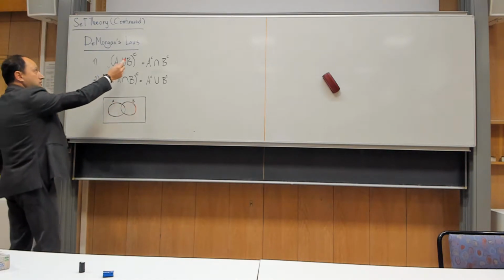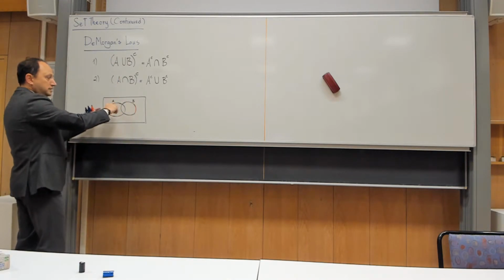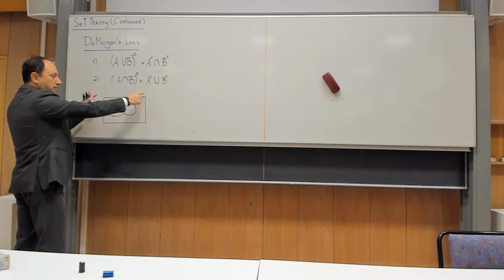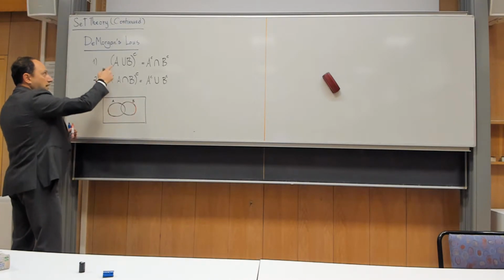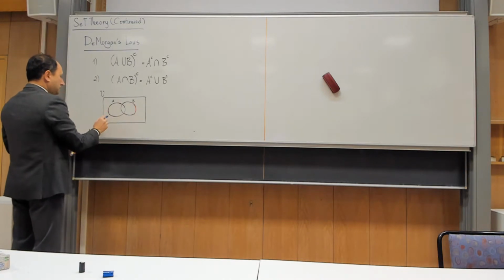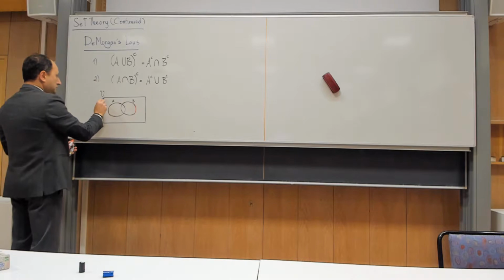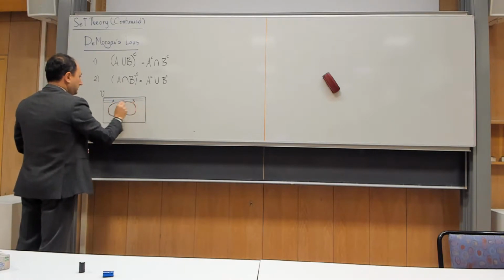Now I am interested in the complement of this. Whatever is outside this red boundary but inside my rectangle is the complement of A union B. So if I color that part, this blue part that I am doing now is the left-hand side.